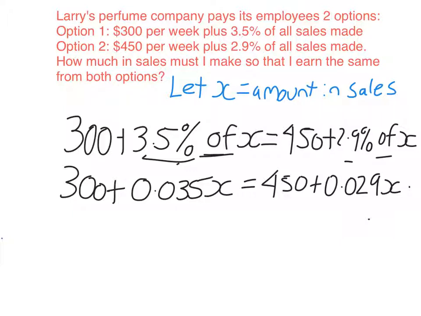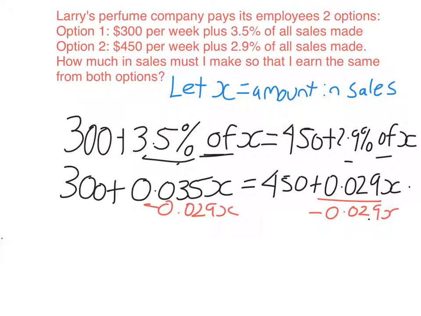Now that I've got the equation, the hard part is done. So I want to subtract the x with the lowest coefficient, and that's this. 0.029 is less than 0.035. So I'm going to subtract that from both sides. And it's exactly the same as if I was subtracting x's with whole numbers in front of them. I just subtract the coefficient.